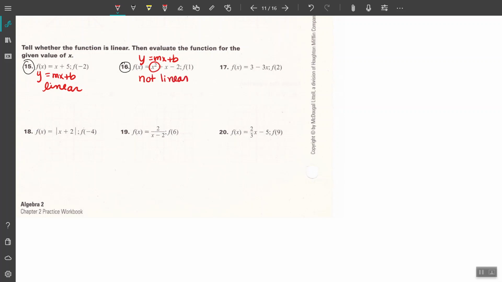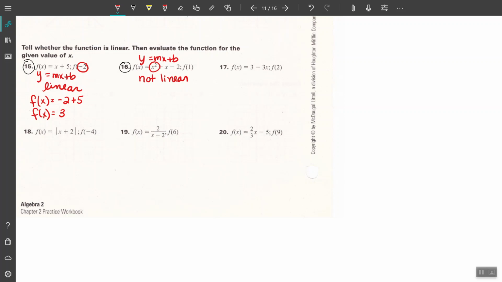Now going back to the second part of their question, they're asking you to evaluate it at the given value of x. So instead of just saying x equals -2, they're putting it in this notation. What is the value of this function when x is -2? So we're going to find the value of the function when x is -2. So f of x is 3.